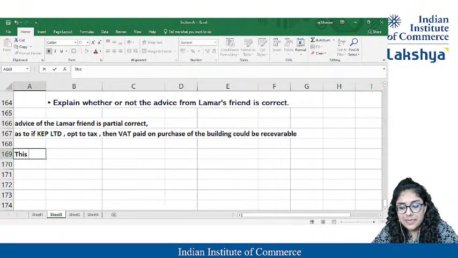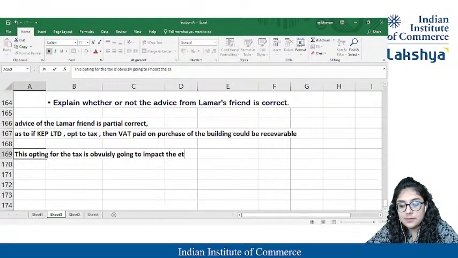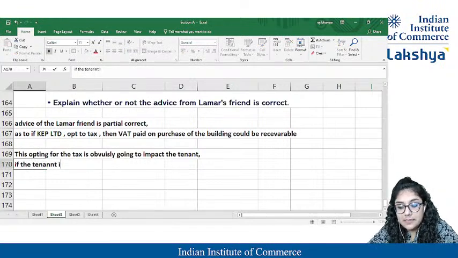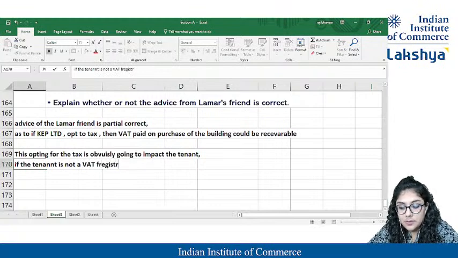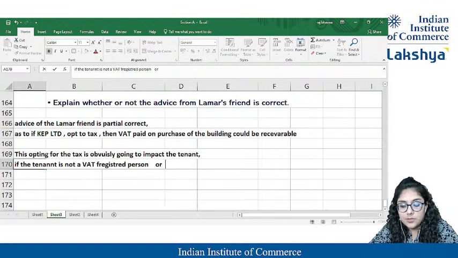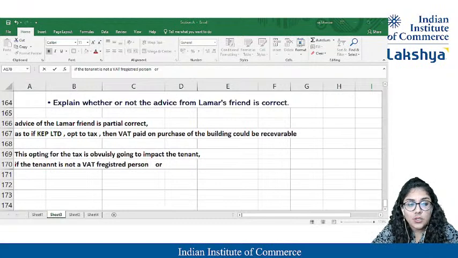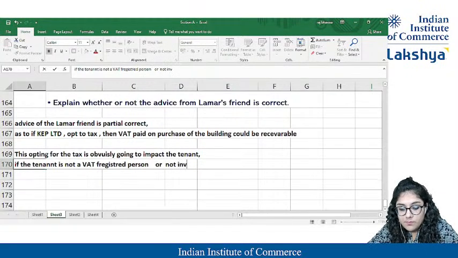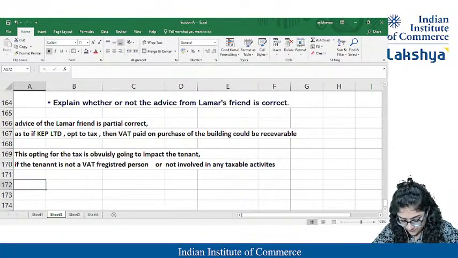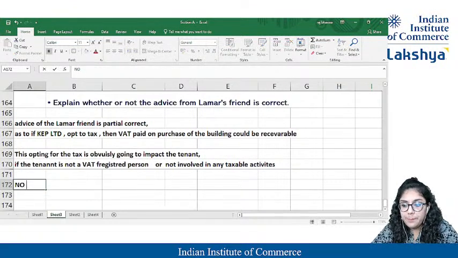So this opting for the tax is obviously going to impact the tenant if the tenant is not a VAT registered person, or there are no trading transactions happening, or the tenant is not at all involved in any taxable activities, then it is obviously going to impact.